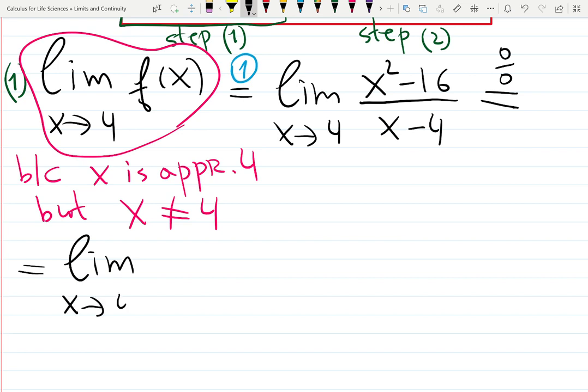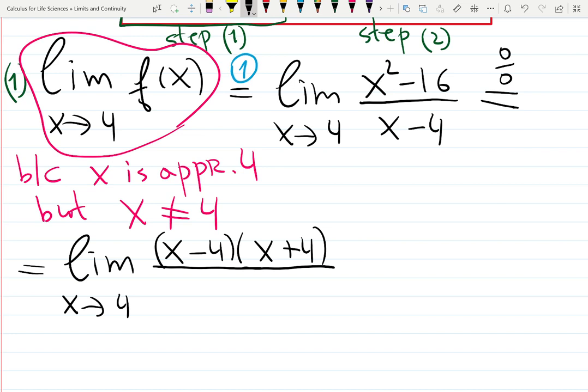Step 2 says simplify. Who has an idea how to simplify this? Yes. Difference of squares. Can anyone add a comment on this? Yes. x plus 4, x minus 4. All agree? Good job. Difference of squares formula. We just used it, but now we're using it the other way. So it's going to be x minus 4 times x plus 4.